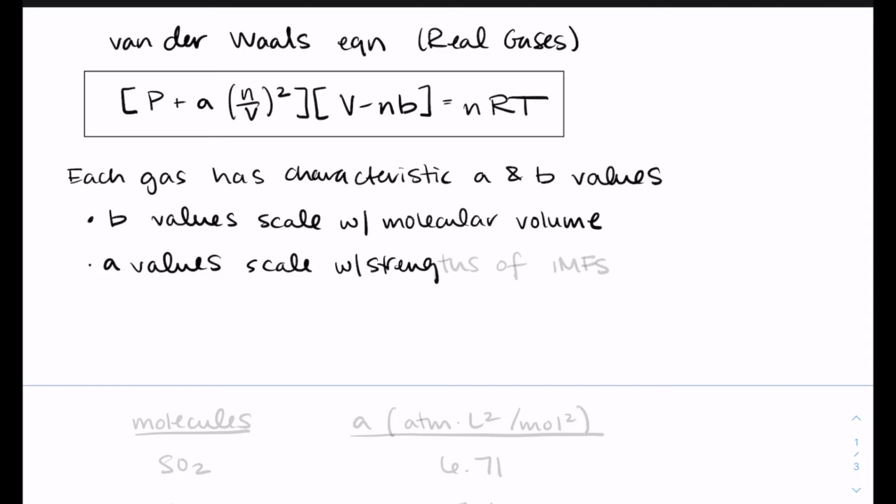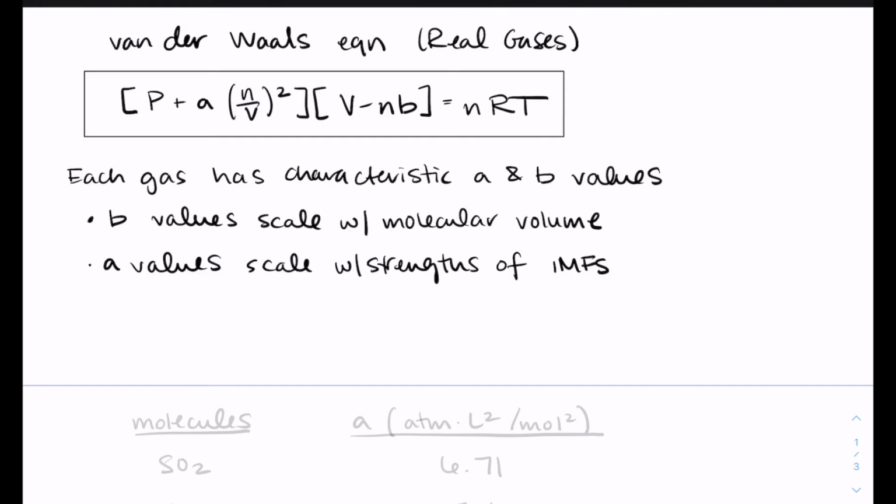All right. So I do have some example values for you to see here. I just have the a value. The b value scaling with molecular volume, I think with what we know about atom size and with the structures that you've drawn so far, that one will kind of make sense.